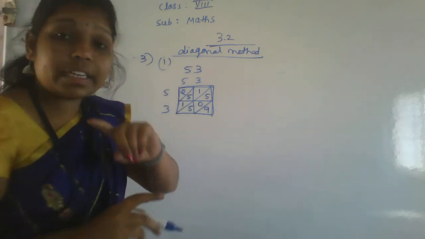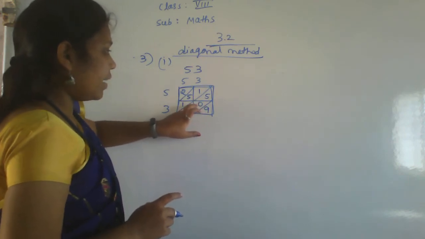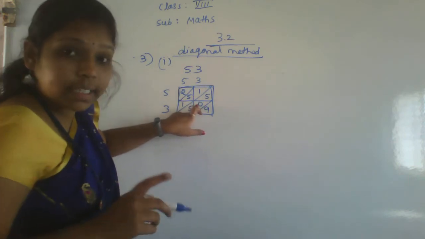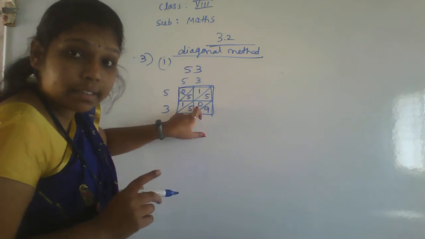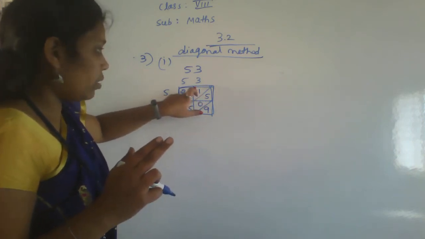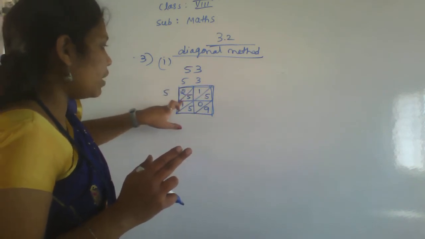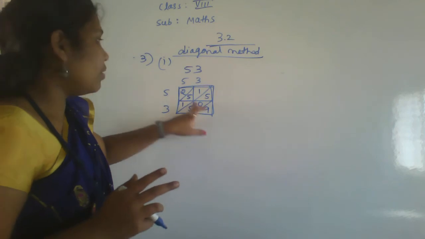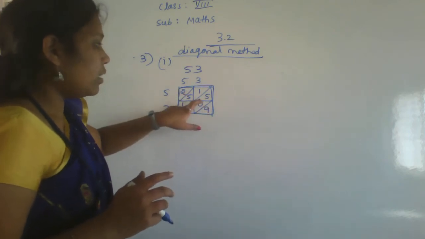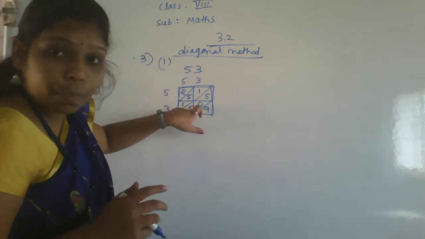If it is only a single-digit number, then write 9 here and write 0 here because it is single digit. That's why I am writing a 0 here. 15 means 1 5, 25 means 2 5. Here 3 3s is 9, so it is a single-digit number, that's why the answer is 0.